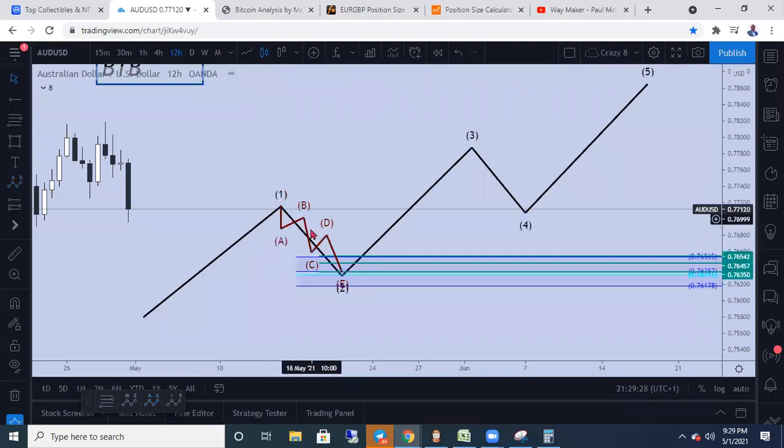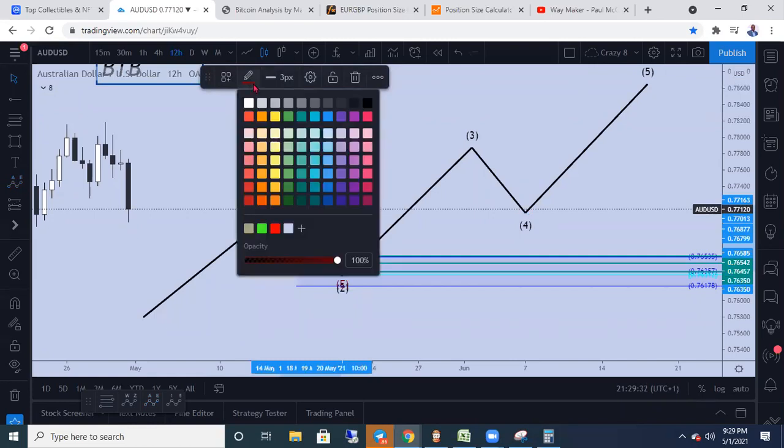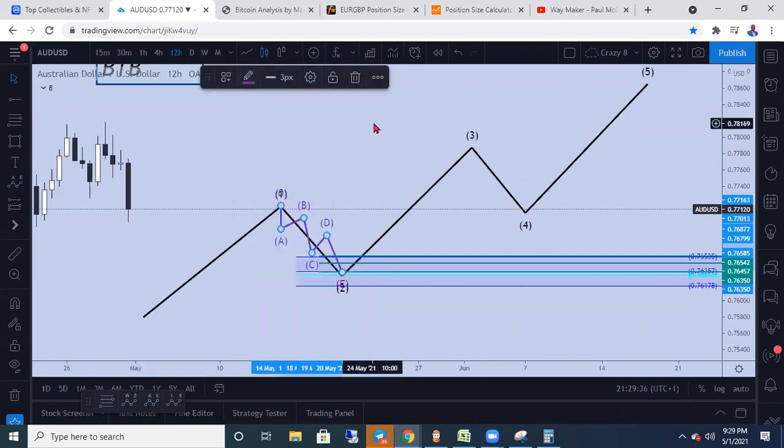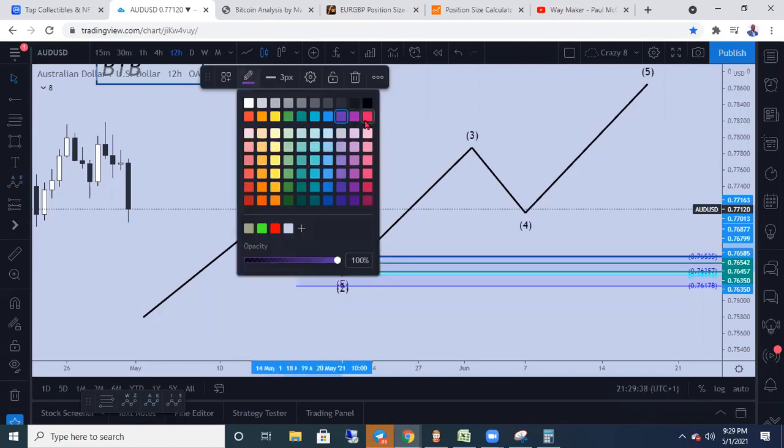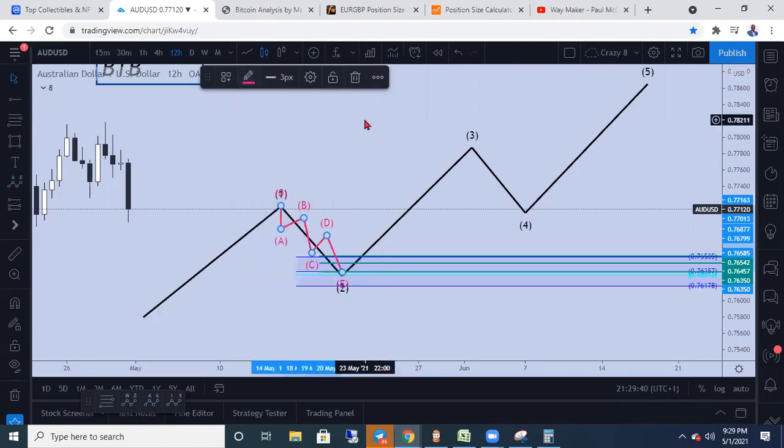So on a lower time frame, this brown, let's use something like purple. This pink line is actually 1 hour, 30 minutes, 15 minutes, 1 minute, 1 second, whatever it is, a lower time frame.